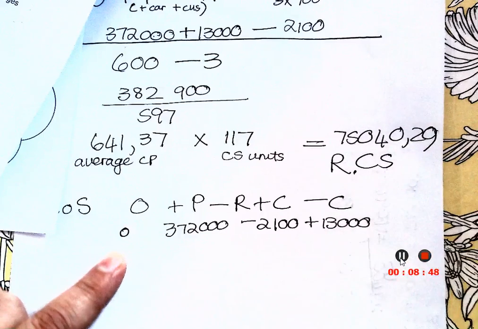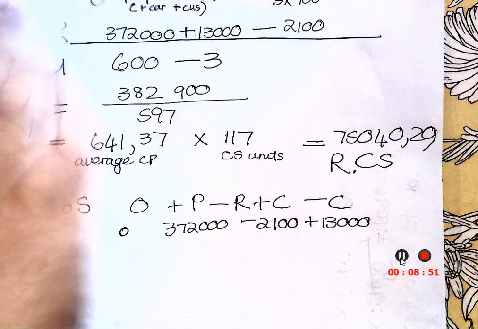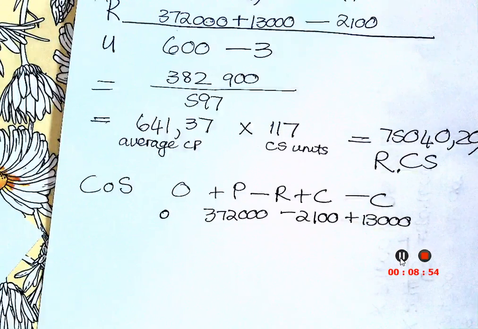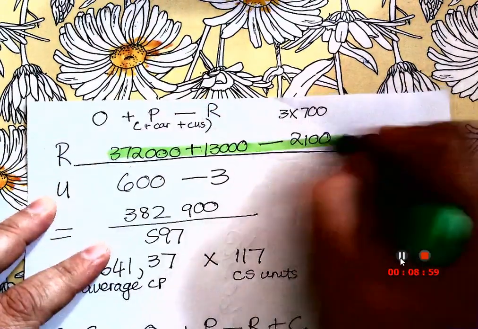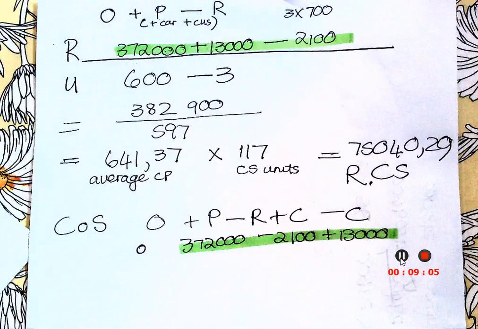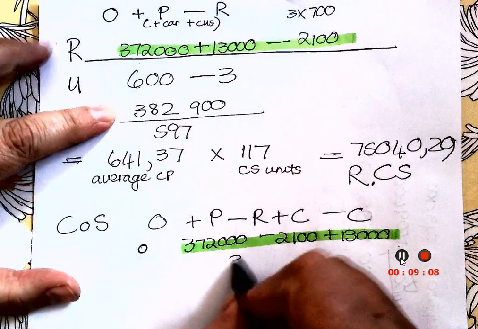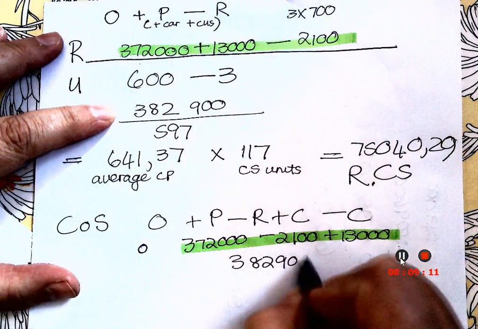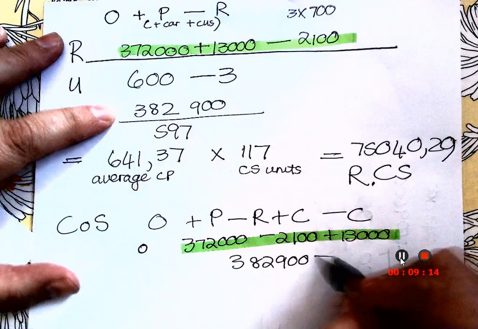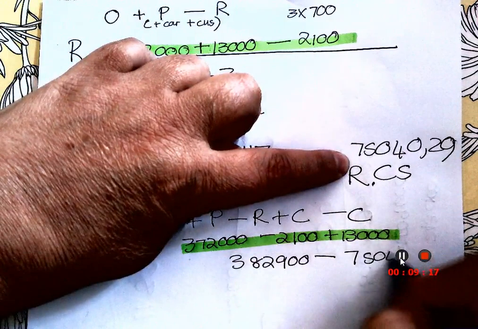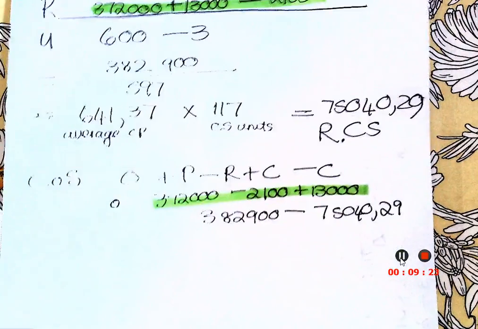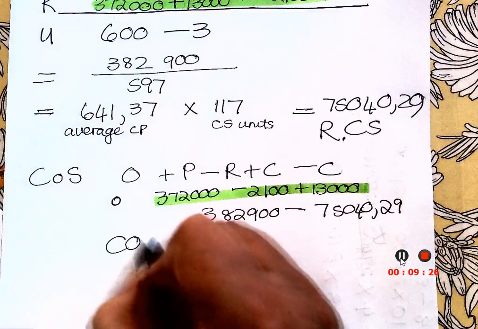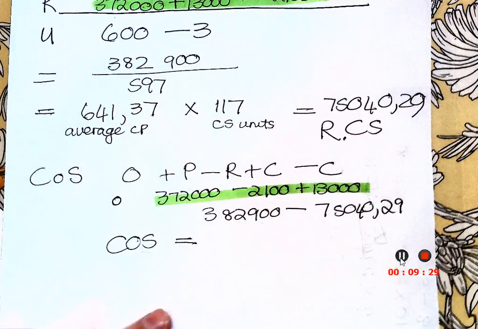And by the way, can you see that you've already calculated it here? It's exactly the same as here. So, in other words, you could have just said that 382, 900. Can you see? Less the closing, 7504029, and that gives me my cost of sales equals whatever we see there.